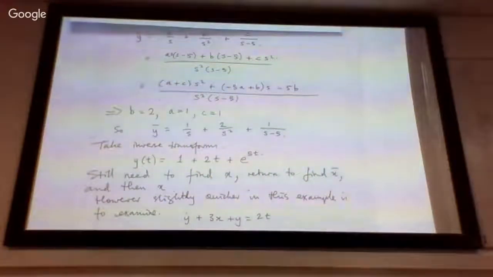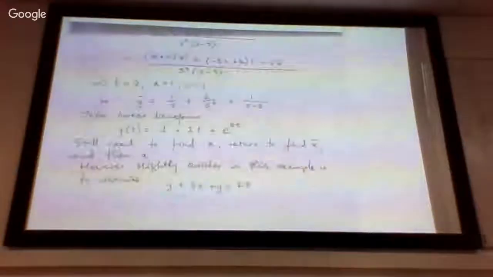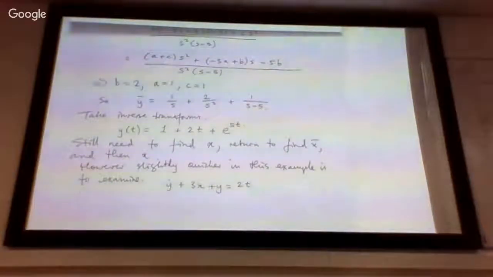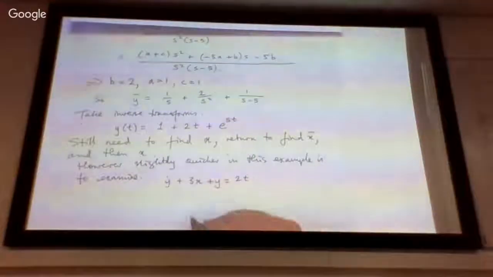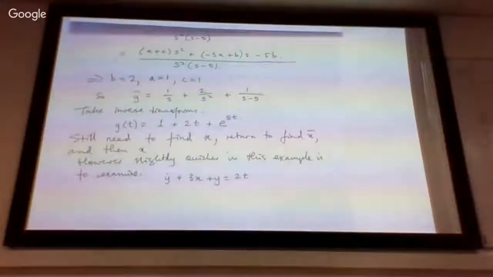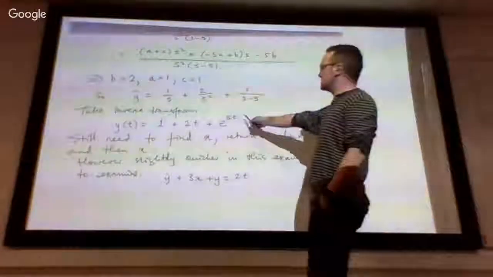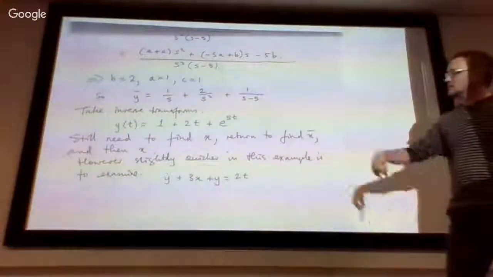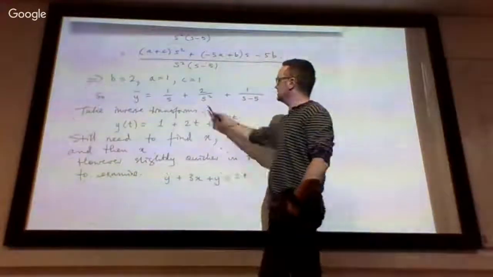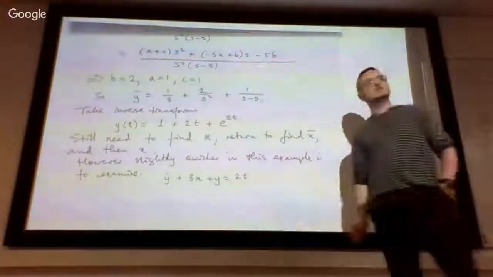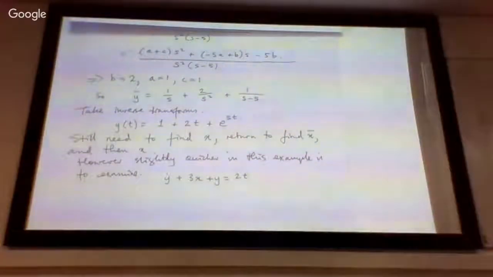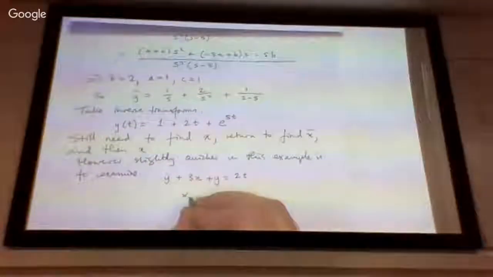And you see, because we already know what y is, if we substitute in the value for y, that will tell us straight away what x is. The y bar is going to be the derivative of y, 2 plus 5e to the 5t, plus 3x plus y, which is all this again. It's equal to 2t. We'll just shove everything over the other side, and you'll get your solution for x of t.